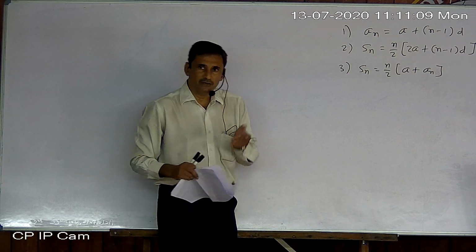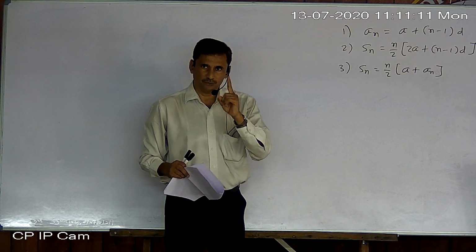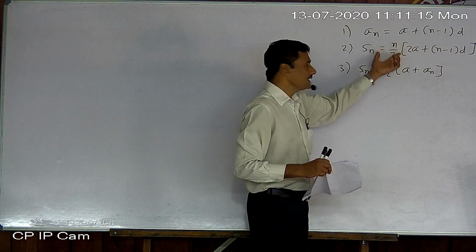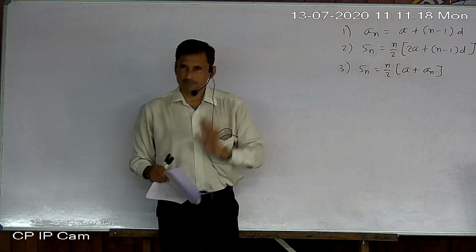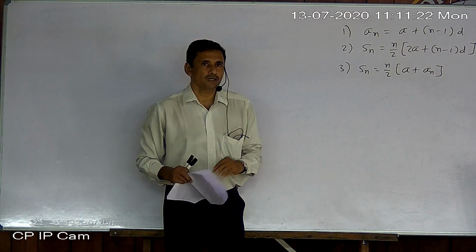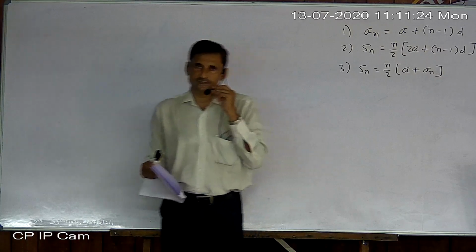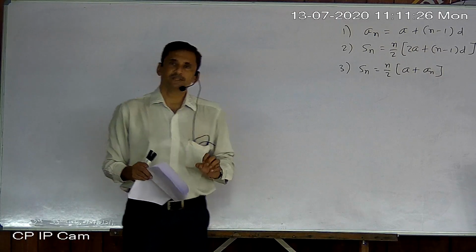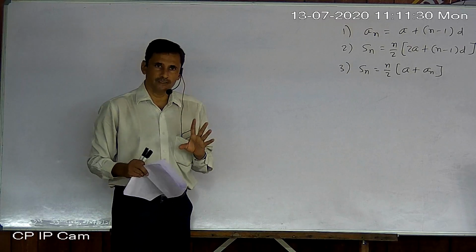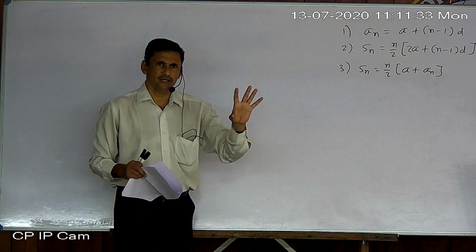So at that time, we get one equation from one formula and a second equation from a second formula, in a few cases only. Then we solve both equations simultaneously with the elimination method, so that we can find the 2 variables, a and d. After finding a and d, we can find anything.